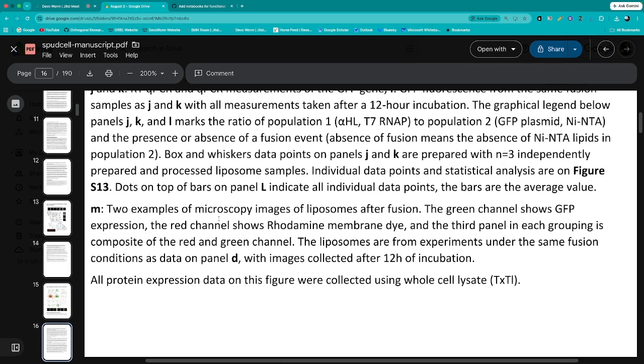And this just shows microscopy images of liposomes after fusion. The green channel shows GFP expression. The red channel shows rhodamine membrane dye. And the third panel in each grouping is a composite of the red and green channel. The liposomes are from experiments under the same fusion conditions as data on panel D, with images collected after 12 hours of incubation.